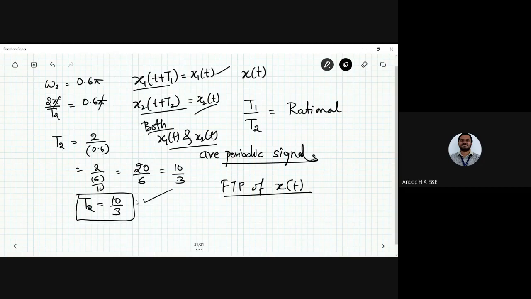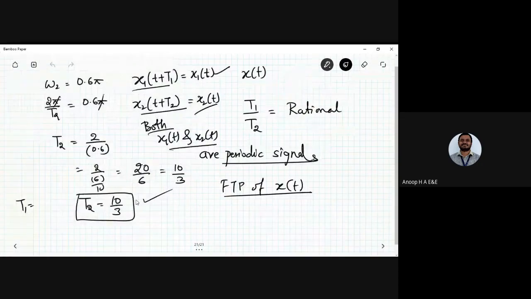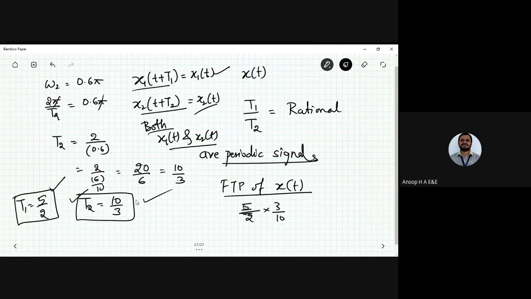Now t1, what is the value of t1? Is it 5 by 2? Yes, exactly. So t1 is 5 by 2, and t2 is 10 by 3. Let me take the ratio of it: 5 by 2 into 3 by 10, that would be 15 divided by 20.